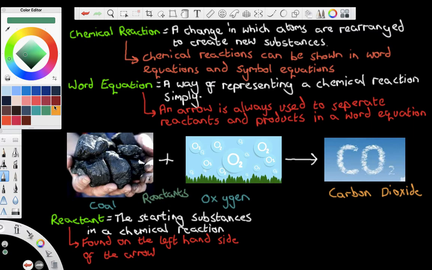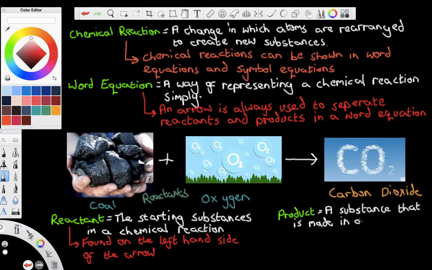On the other hand, carbon dioxide would be our product. Now, a product in terms of chemistry is defined as a substance that is made in a chemical reaction.